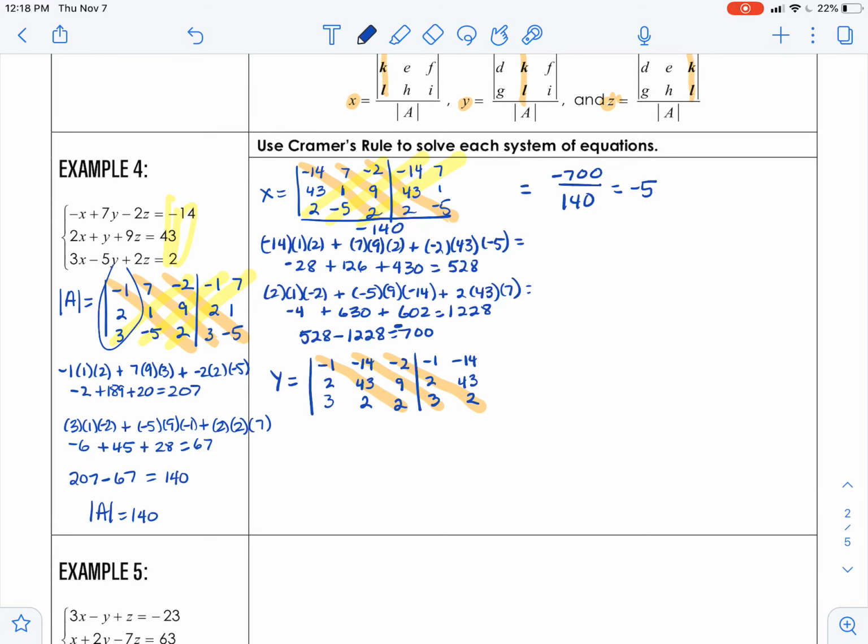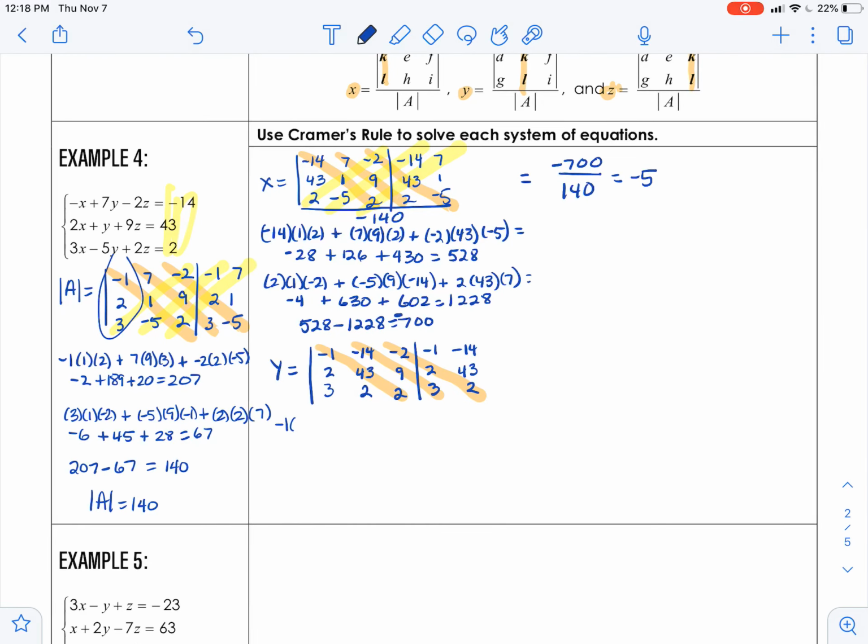Okay, so negative 1, 43, 2, negative 14, 9, 3, negative 2, 2, and 2. So that's going to give me a negative 86.